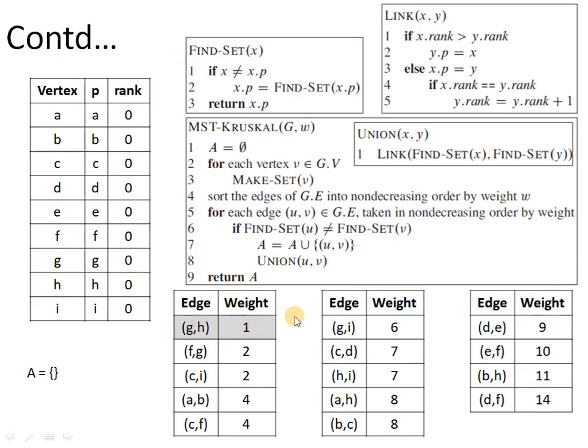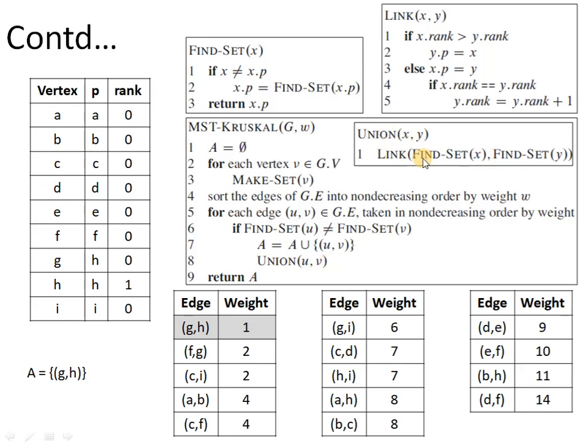So GH, when we execute find set for G, it will return G, and when we execute find set for H, it will return H. So since they both belong to different sets, line number 6 will give us false. So we will add this edge to A, and also we will combine the sets G and H together by means of a call to the union function.